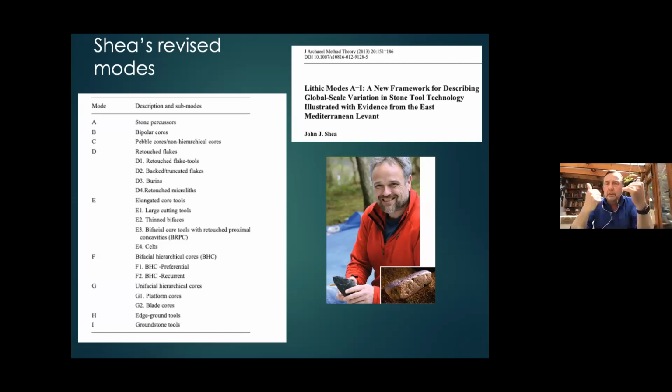But of course, in doing so, it loses the power and simplicity, because what it actually captures is not developmental patterns or evolutionary patterns of change. It captures the diversity within particular assemblages. So things are no longer mode 1 or mode 2. They could be mode A, D, and E, and another one might be D, E, and F, and so on. So one gains things, but one loses them as well.